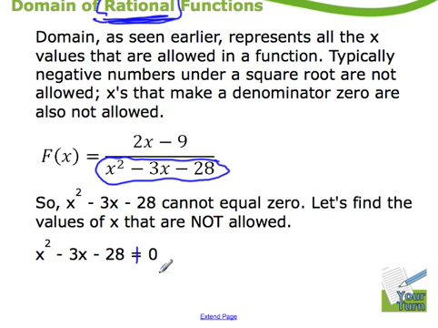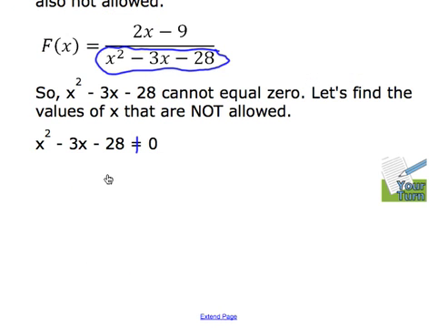And then I solve that. I guess this is an inequality, but I'm solving it the exact same way that I would solve just a regular equation. Okay, so let's factor this. I'm looking for two numbers that multiply to 28 and add to 3. 7 and 4, that's what I'm thinking. x, x. I'll put a -7 here and a +4 there.